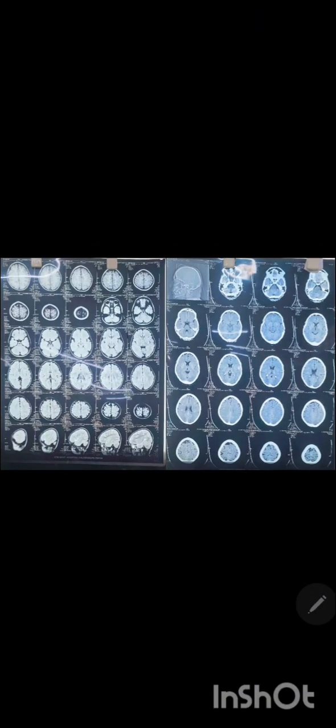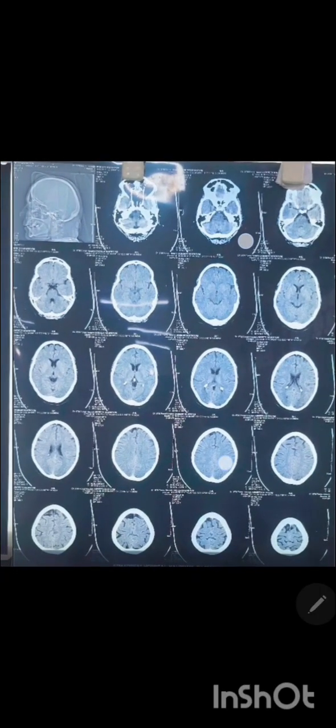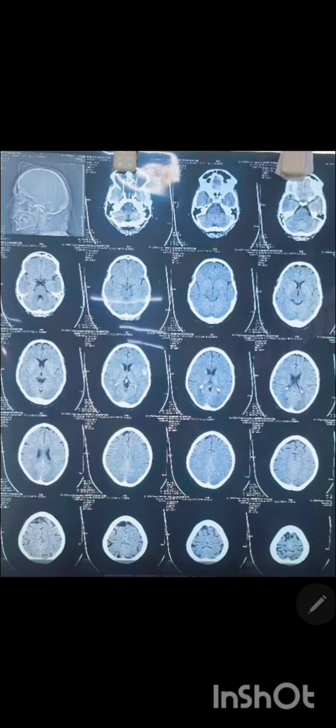So CT, because of its speed, is the first line of choice during emergency conditions in the emergency room. Strokes in the first few hours you can check with the help of a CT scan, detecting different complex fractures if present, chest conditions or any abdominal injuries.